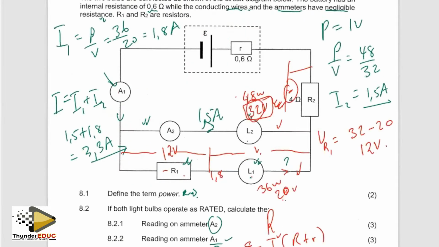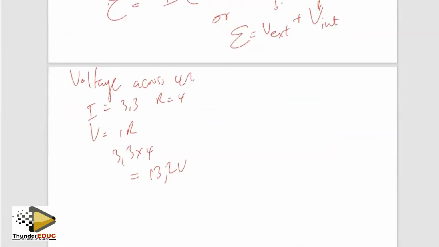But remember, we said the total voltage across the parallel was 32. Then the total external voltage is 32 plus 13.2, which gives me 45.2 volts.